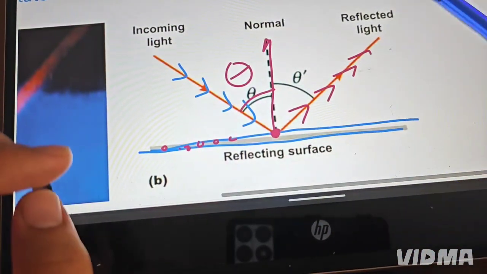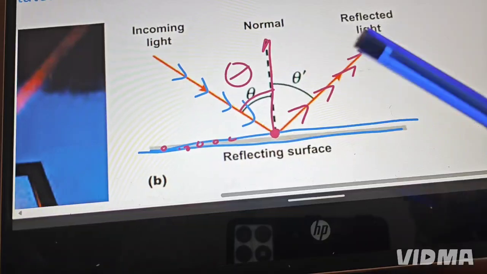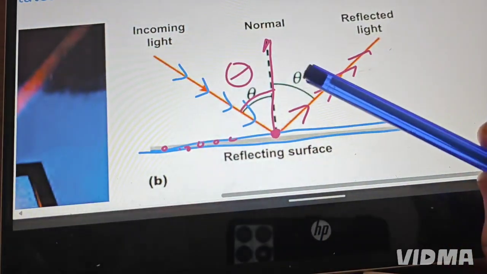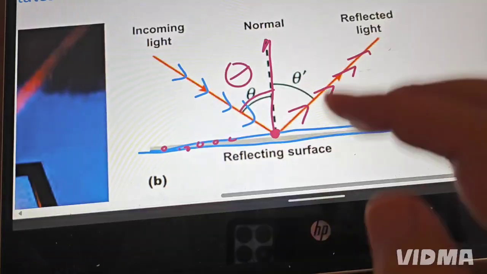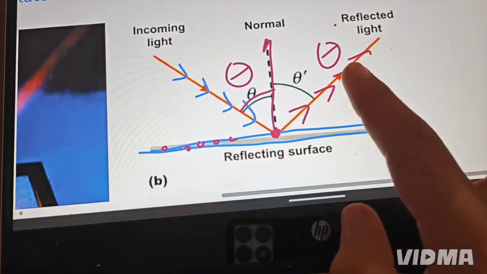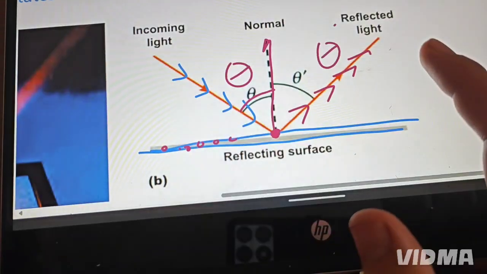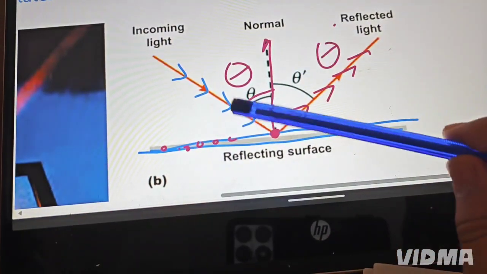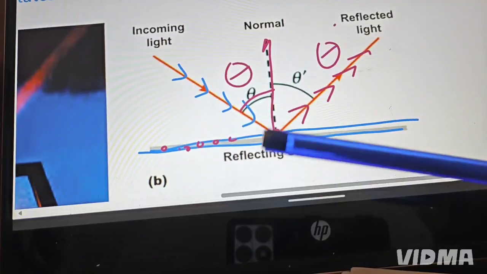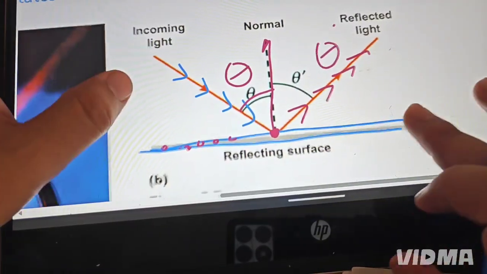After that, when the light is reflected, the same thing applies. The angle between the reflected light and the normal is the angle of reflection, and its symbol is theta dash, or theta prime. So this is the angle of reflection, and this is the angle of incidence: the angle between the normal and the incoming light, and the angle between the reflected light and the normal line.